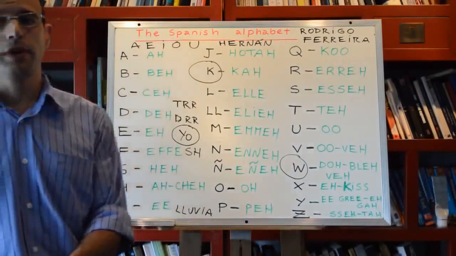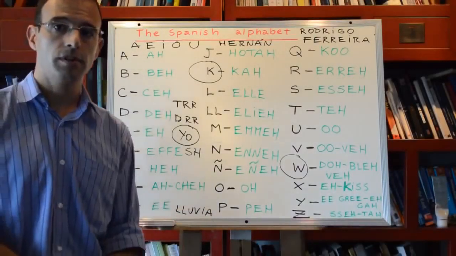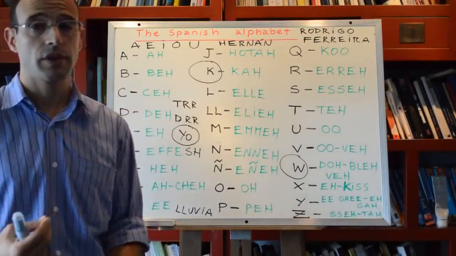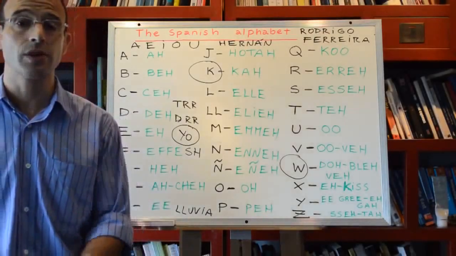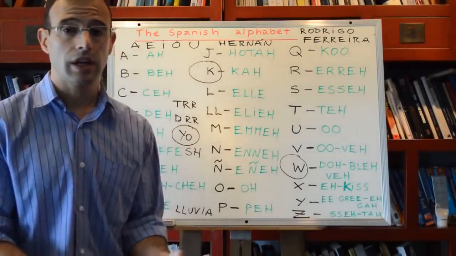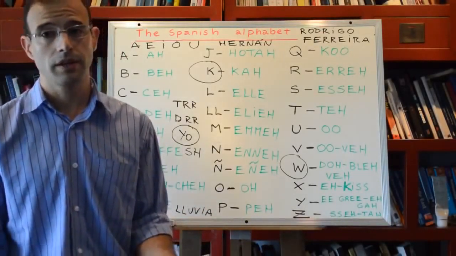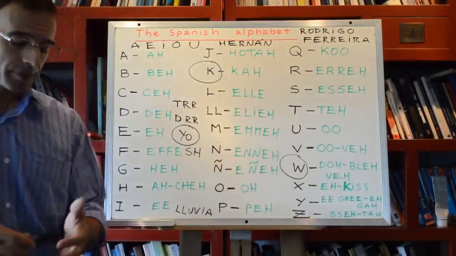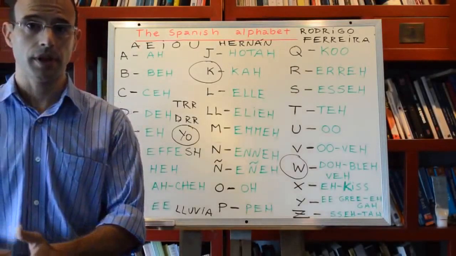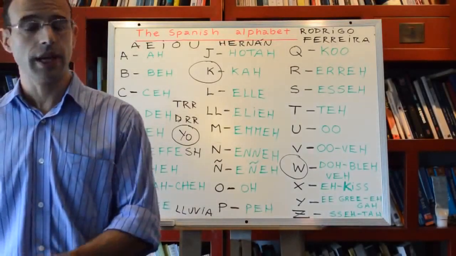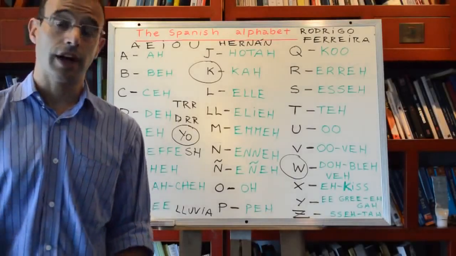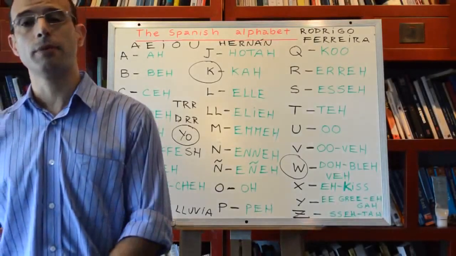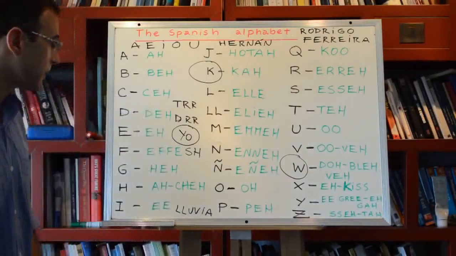So, if you ever come across somebody speaking Spanish and pronouncing the sh sound, which actually does not exist in Spanish, okay? If a Spanish speaker uses the sh sound anytime, then he's either from Argentina or from Uruguay, okay?